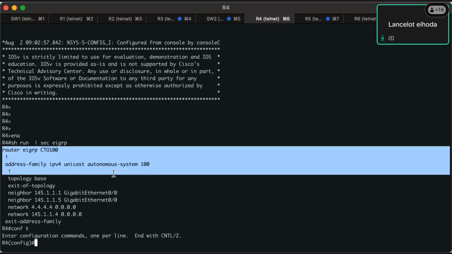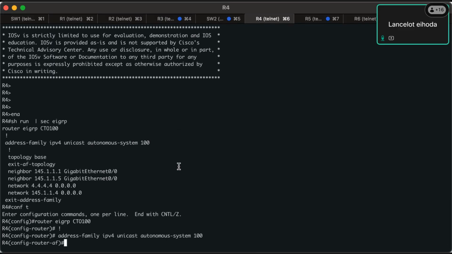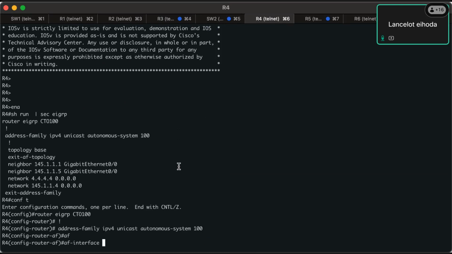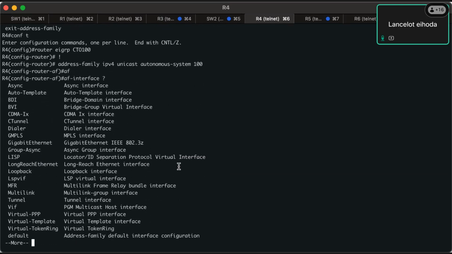Okay. Let's just copy this and place this. Let's go to the AF interface. But then remember, we are looking at the address. Do you know what AF is? Address family. So, because we are doing address, this address family is IPv4 unicast, yes? Yes.